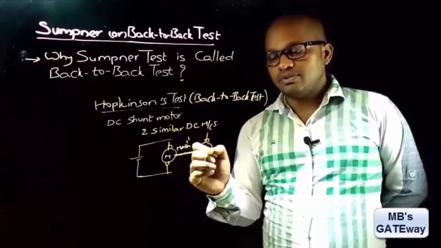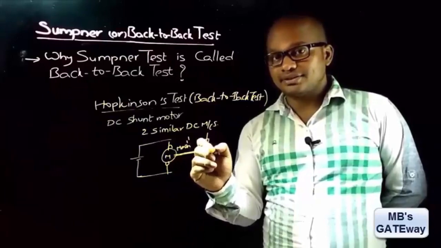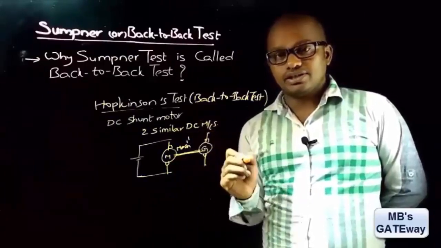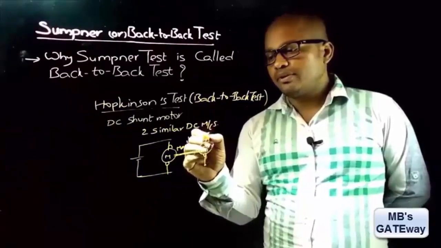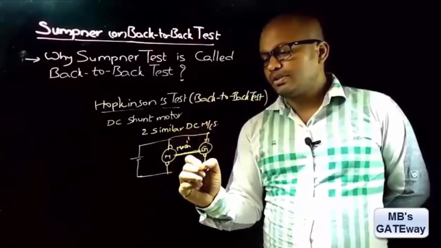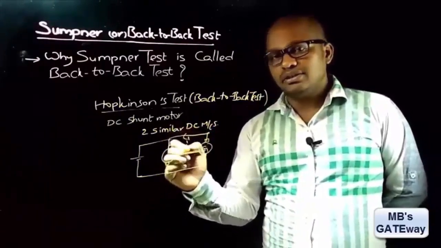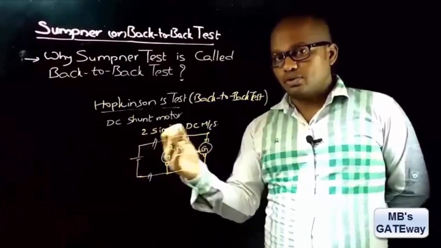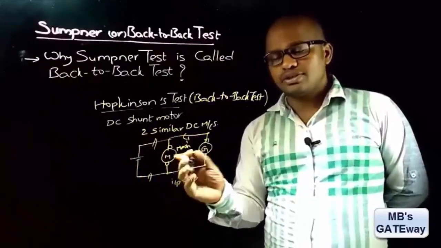And as this machine is now receiving mechanical energy input, it will run as a generator. So the output is electrical energy. And if the electrical energy output is fed back to the DC motor as input, ideally there is no requirement of this input source, because in the ideal case input is equal to output, that is, losses are zero.